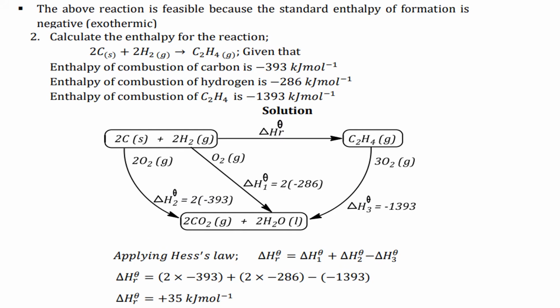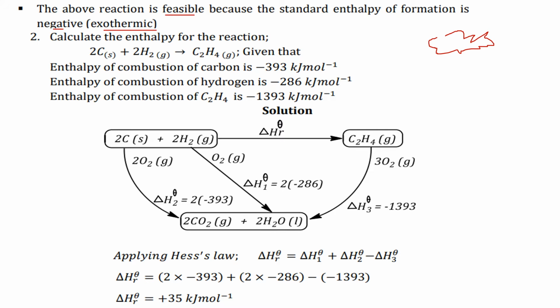So proceeding, if we are to comment on the answer you have got, remember that we said the standard enthalpy of formation determines the stability of a given reaction, whether it's feasible or non-feasible. Here, according to the answer, the above reaction is going to be feasible, simply because the standard enthalpy of formation that we calculated is negative, or exothermic.